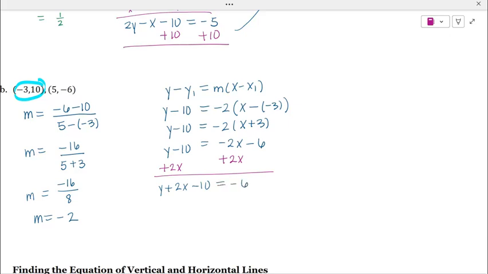And move the 10 over to the right. It looks like 4. All right, let's check our answer in Desmos. This should be 2x plus y equals 4. We want the x to come first.